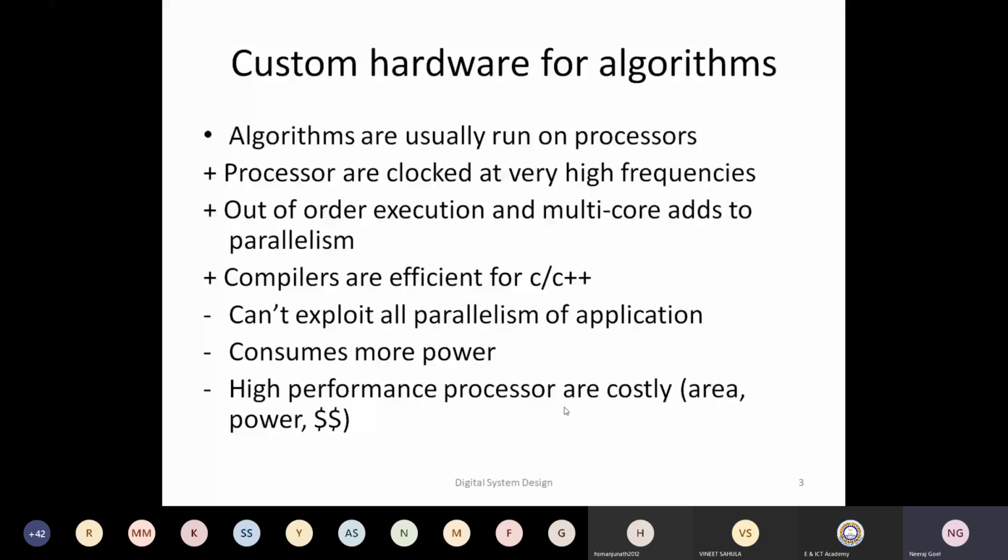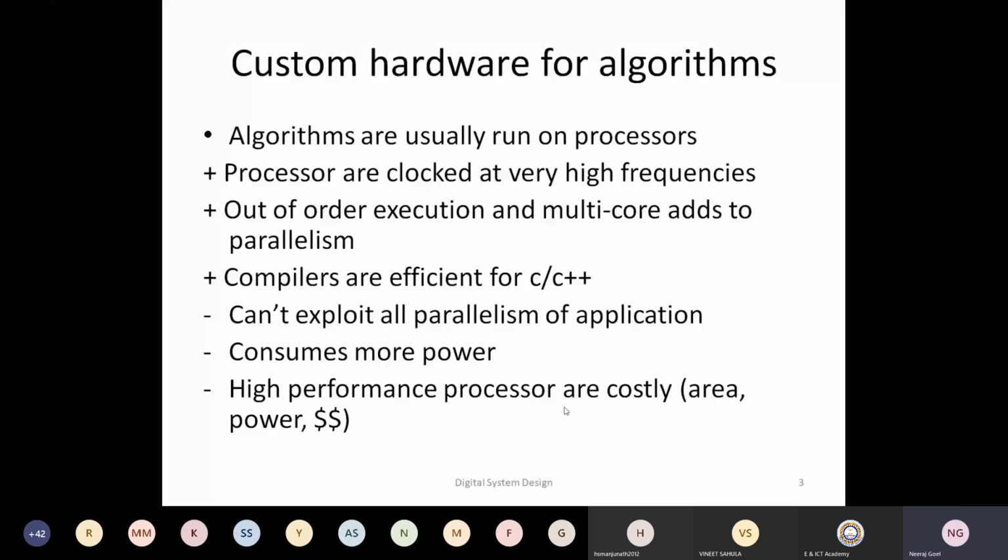There are at least 3-4 reasons, but there are many more. Processors may not be able to exploit all kinds of parallelism. Through the slides we'll see that there are some kinds of parallelism which cannot be exploited by processors altogether.